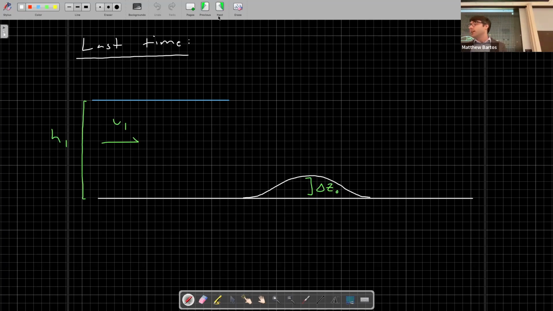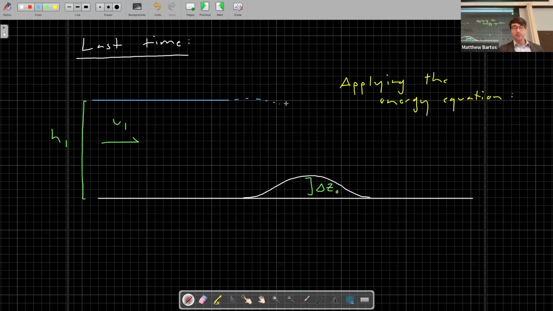So to analyze this problem, we applied the energy equation. In our open channel, we don't know whether the water surface is going to go up, go down, or stay the same.